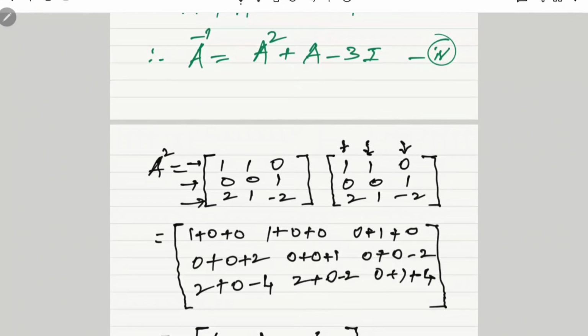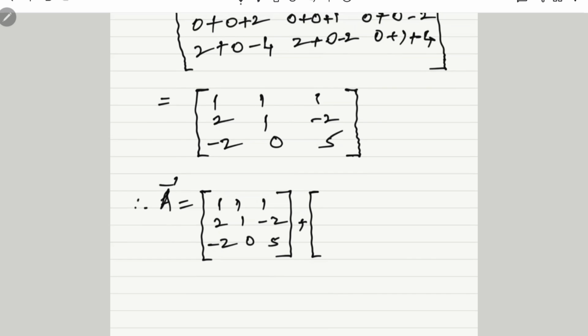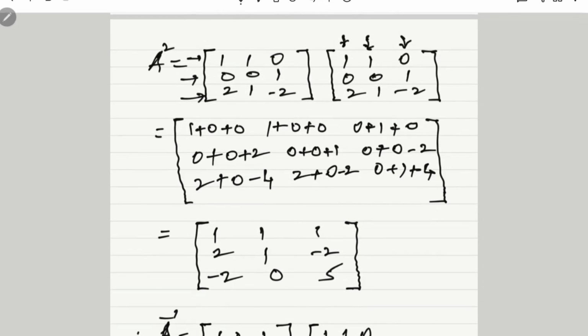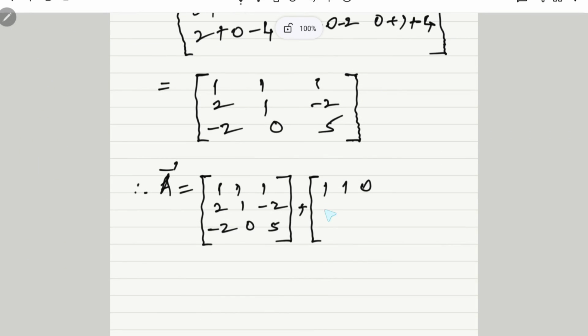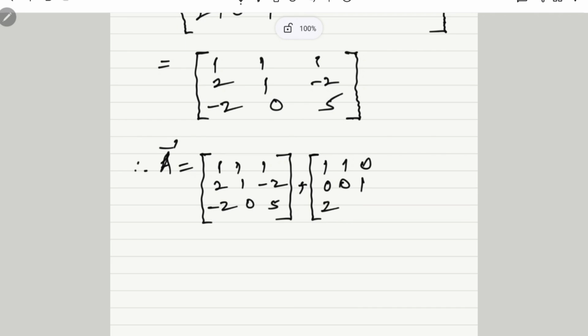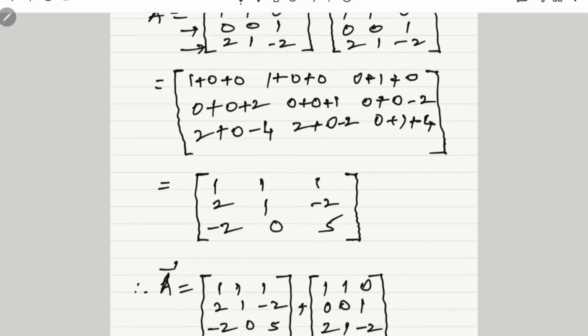Then plus A, matrix A is 1, 1, 0, 0, 0, 1, and third row 2, 1, minus 2, and 3 minus 3i.